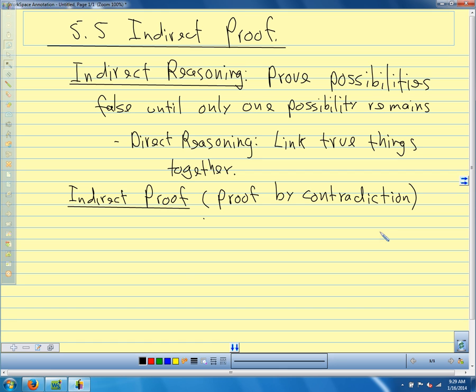So what we do is we start by assuming temporarily the opposite of what we're trying to prove. We're going to assume the opposite of what we want to prove, and then we show that that leads to a contradiction.